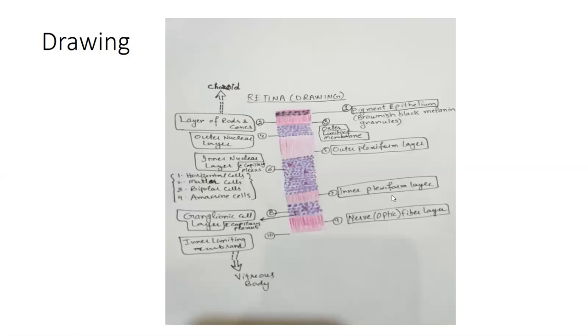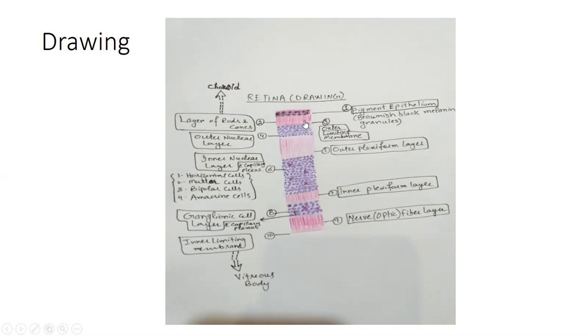This is the drawing, that is how you will draw the different layers of the retina in your notebook. Exactly like this. You can easily see that this is the first layer, the pigment epithelium. You have to draw the outer cell membrane with the eosin pencil, and on the basal side make its basophilic nucleus, and in the apical region brownish black melanin pigment.